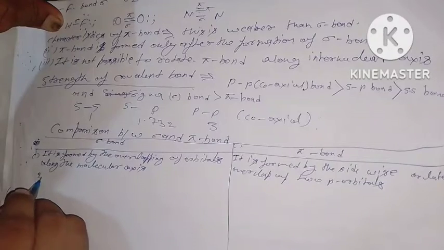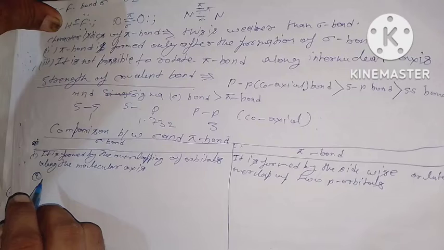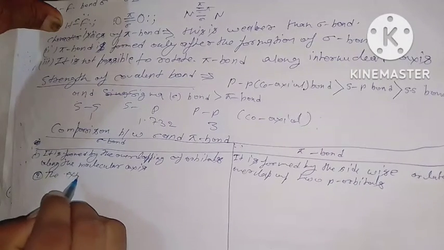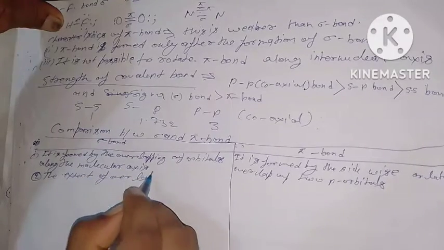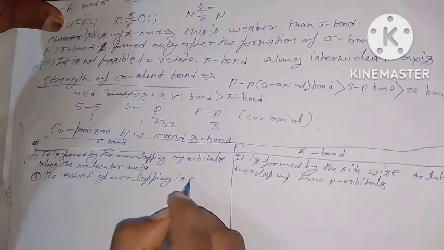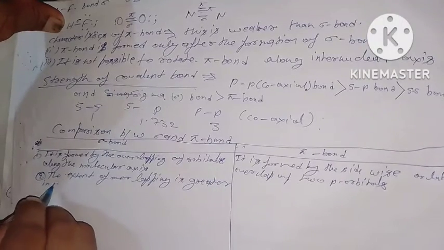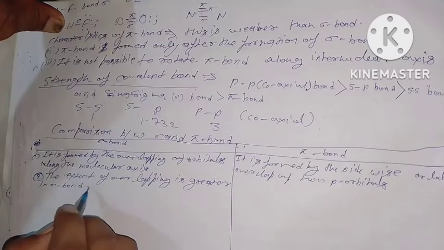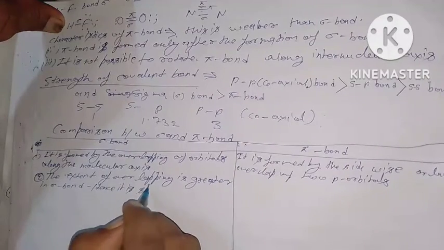Second point. The extent of overlapping is greater in a sigma bond. Hence it is a stronger bond.